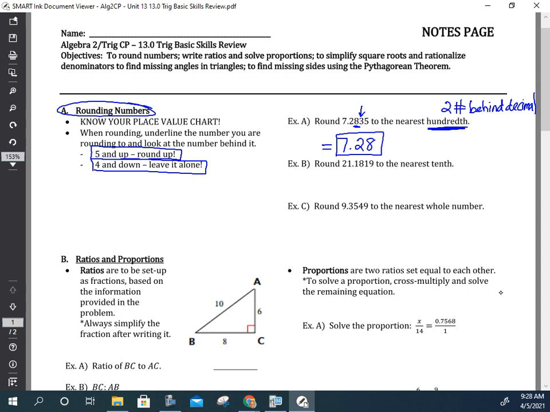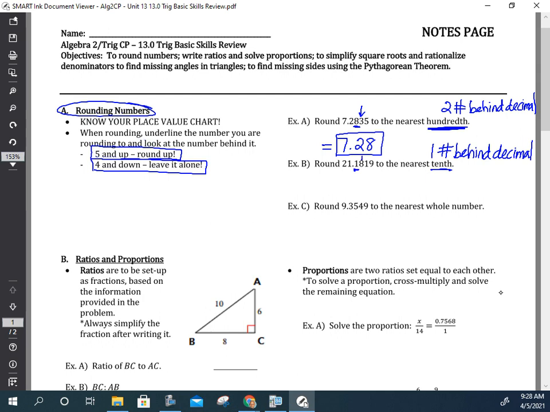All right, part B. Round 21.1819 to the nearest tenth. Tenth is 1 number behind the decimal. So 1 number behind the decimal is 1.